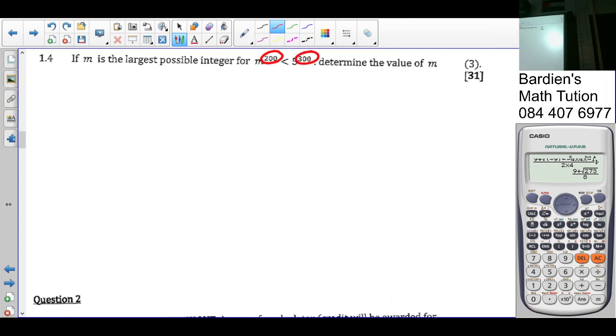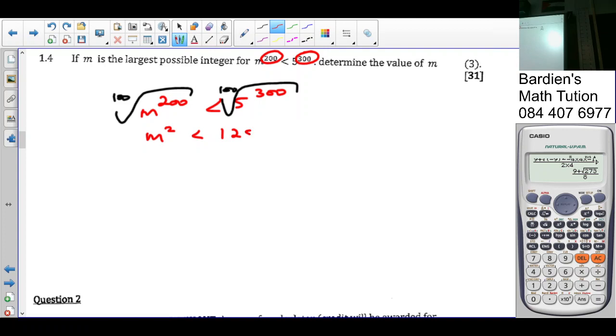So I could have taken the 100th root on either side, not so? Remember, there's nothing to do with the negative here, so no inequality swaps now. Okay. So in other words, here we'll have now m squared has to be less than 5 cubed, which is 125.